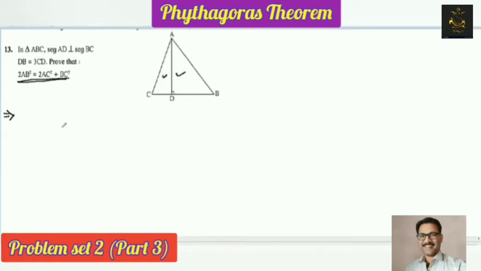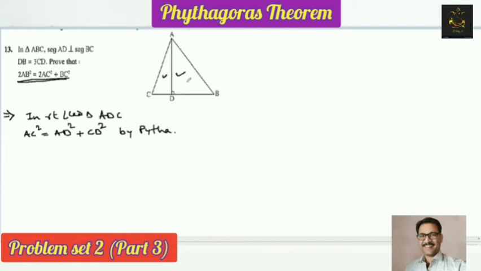Okay, see first, in right angled triangle, may I take ADC first? Okay, apply Pythagoras. What is that? AC square is equal to AD square plus CD square. Okay, this is by Pythagoras.